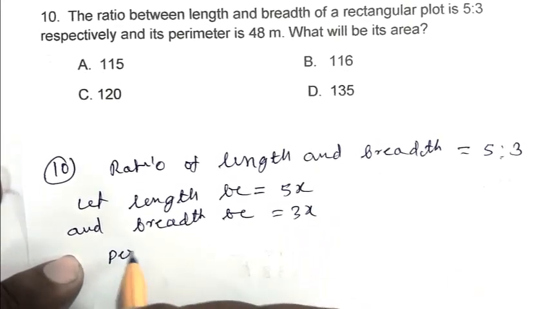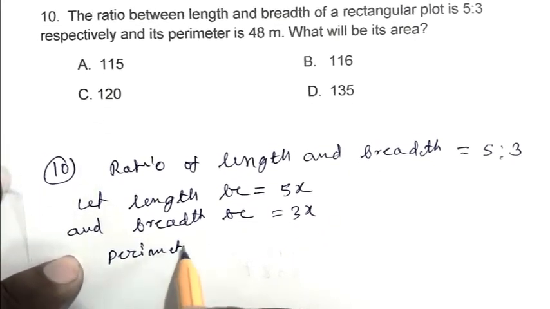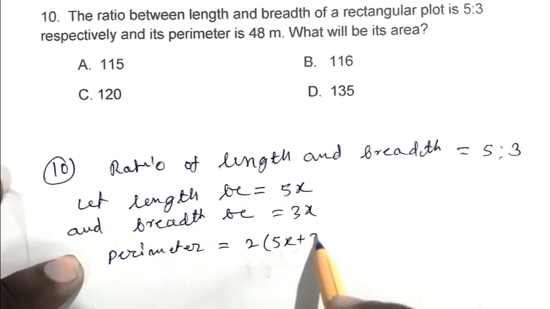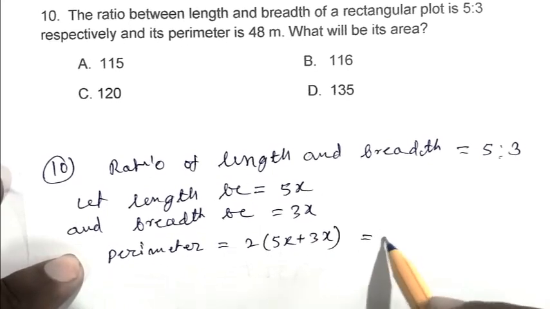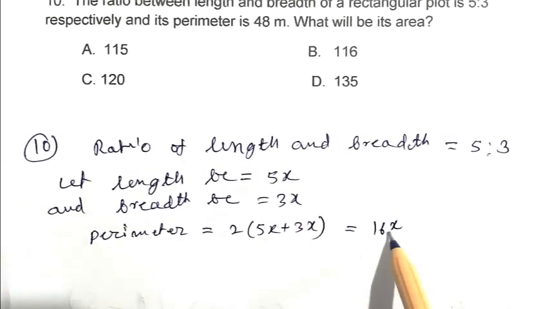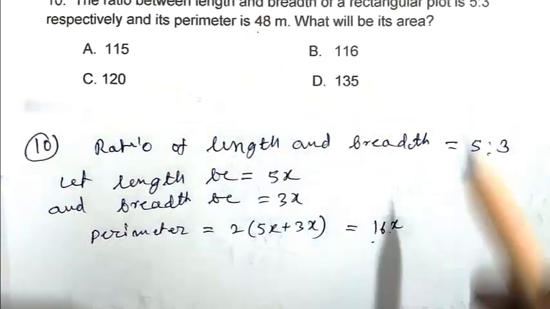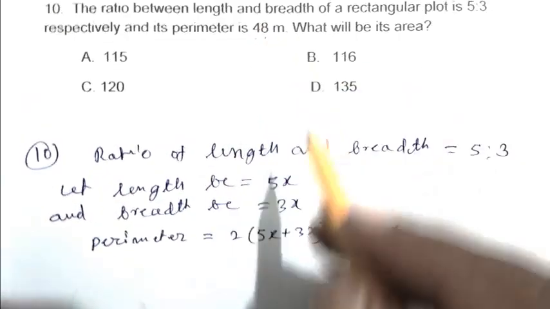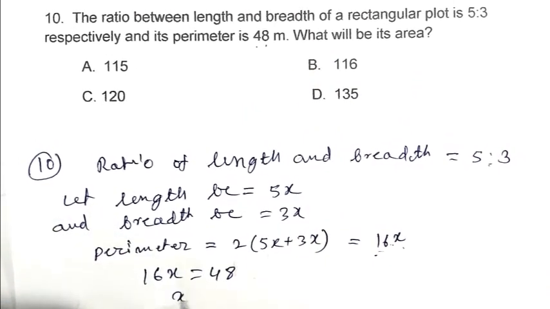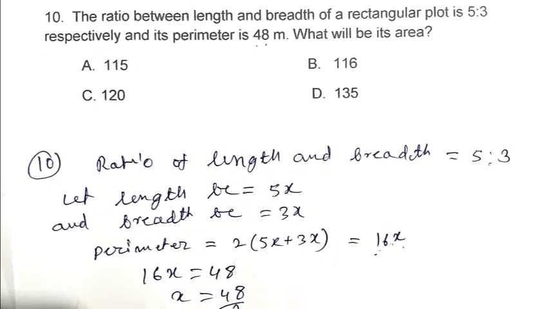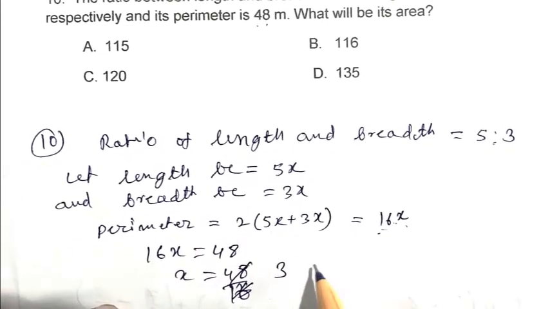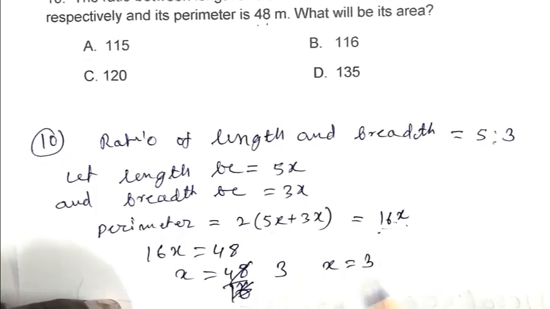So perimeter is 2 into 5x plus 3x, that is 16x. According to the question, perimeter is 48, so 16x equals 48, x equals 48 by 16, that is 3.